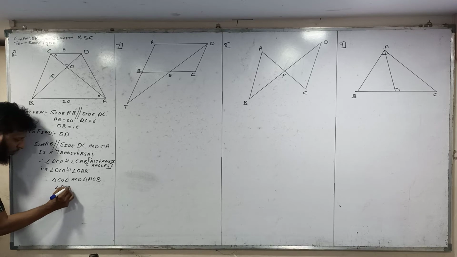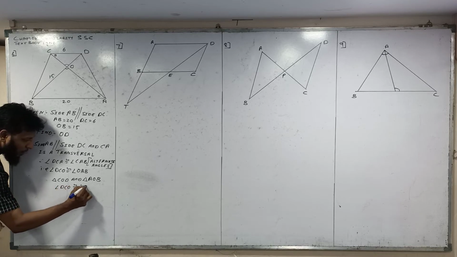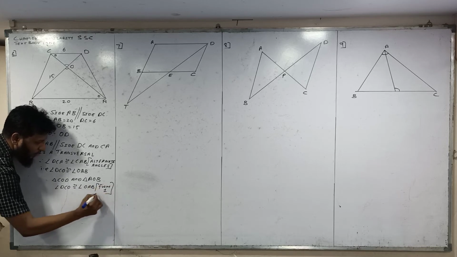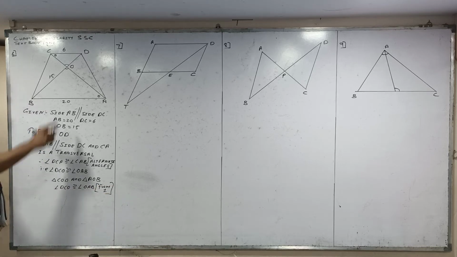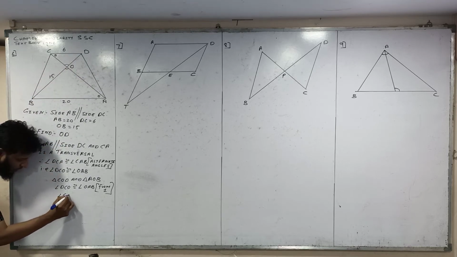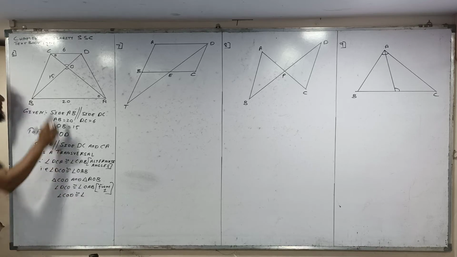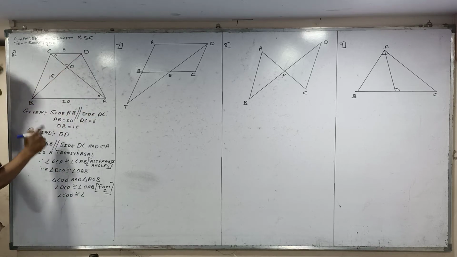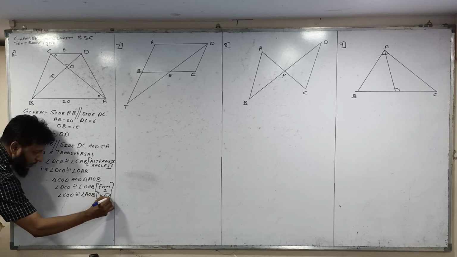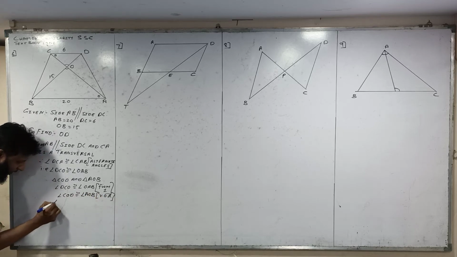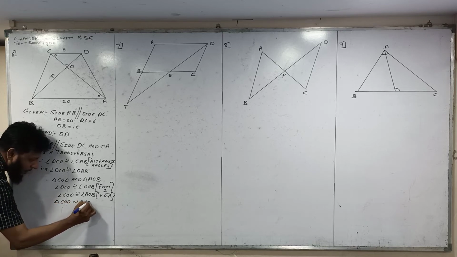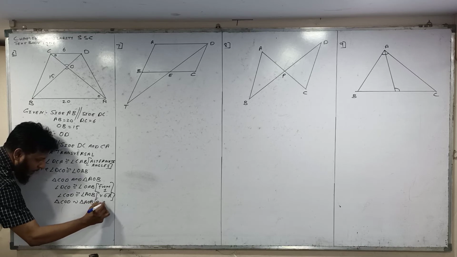Angle DCO congruent to angle OAB from 1. Then the vertically opposite angle COD congruent to angle AOB. Therefore triangle COD is similar to triangle AOB by the AA test.